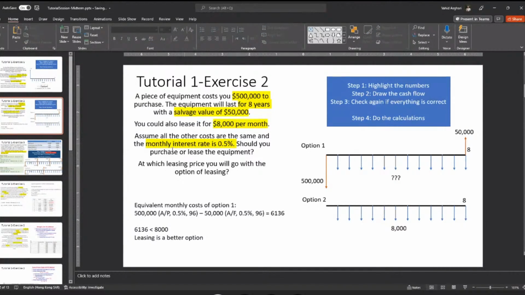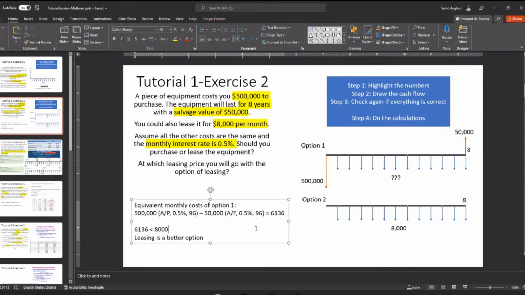Option 2 is that we can lease it for $8,000 per month. The monthly interest rate is 0.5%. So I remember in the first session in the class, some of you made this mistake that you changed the 0.5% to the equivalent annual rate of return.